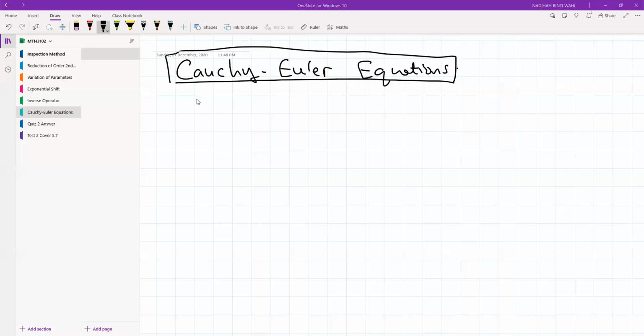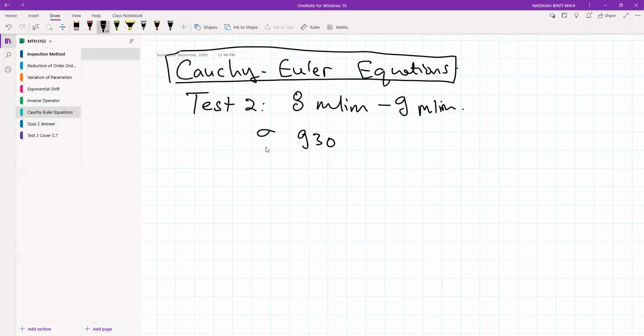Saya tulislah test 2, pukul 8 malam, 8 sampai 9. And then saya akan bagi 9 to 9:30 untuk submission time. Okay, apa lagi?